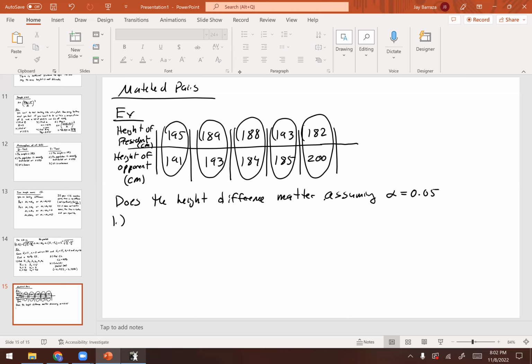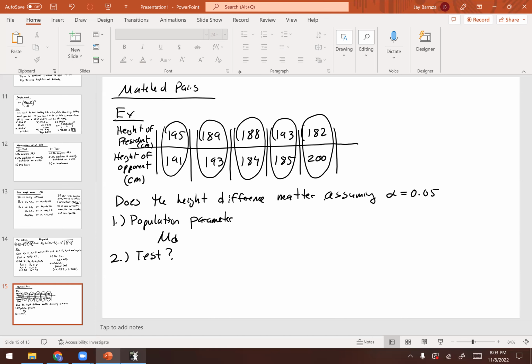So step 1 is the population parameter. What is the population parameter? In this case, the population parameter is going to be the mean difference. We just call it mu d, right? And then what kind of test is this?